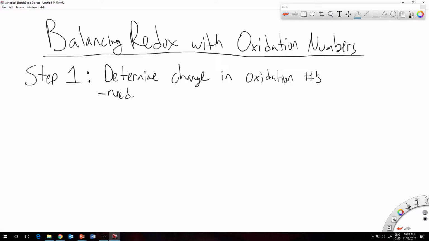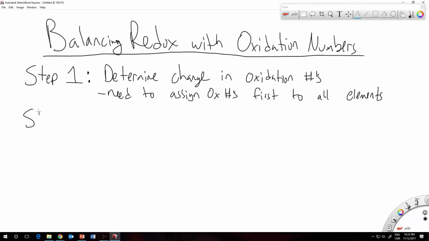So you need to assign oxidation numbers first, and you have to assign this to all elements. I'll go through an example later.